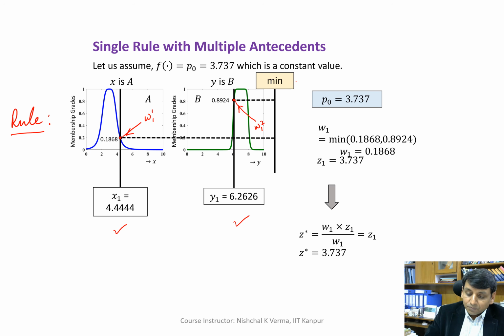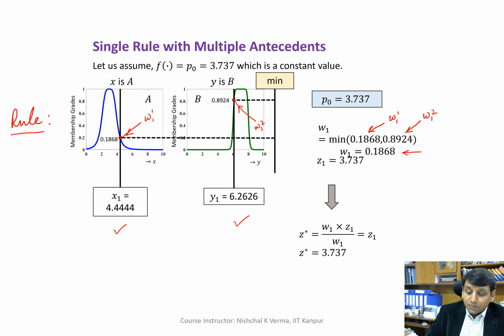So if we take the minimum of W11 and W12, we are going to get W1 equal to 0.1868, which is the lowest value.